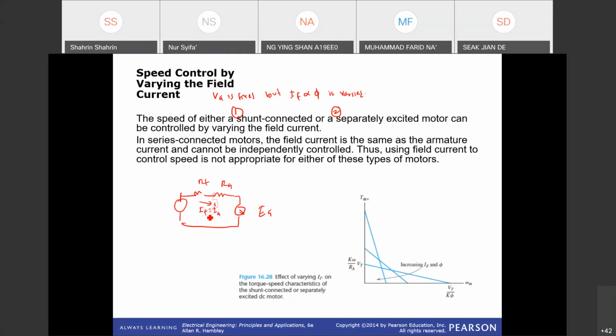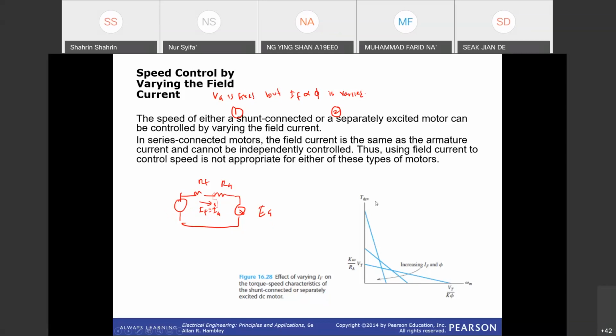So when you want to change the IF, you will change the IA. And when you change the IA, it will actually have a different effect. Okay. So for series connected, no. Only shunt and separately excited DC motor can use this method.